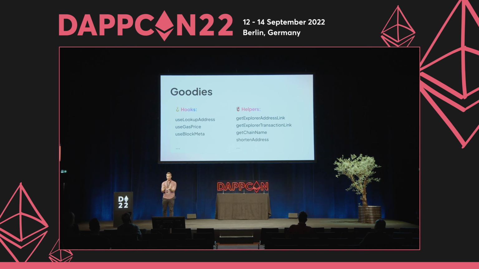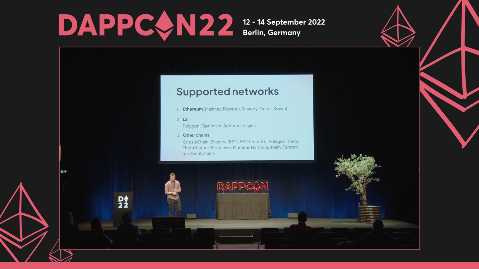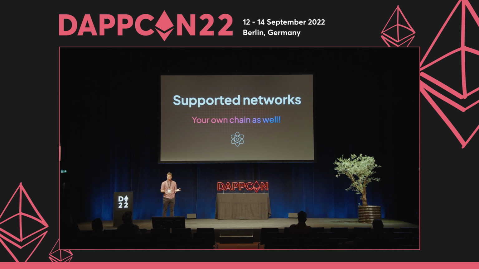And all the information is packed in a way that you can provide a single argument and get, for example, a contract, and you can get the response. There's also shortenAddress, which comes in handy pretty often. And we support a lot of networks. I don't think that's an exhaustive list anymore, but if there is a network you don't see here, it's very simple to just add a new network.